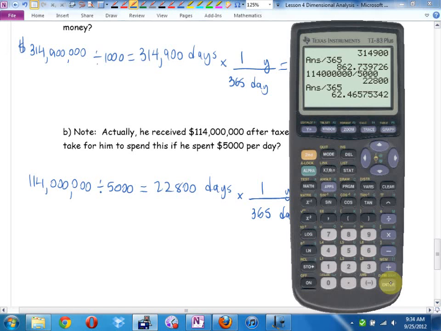And I think the answer here is probably just barely be able to spend it in his lifetime. Although, am I wrong? Do I have an extra 0? I got 91490 days. You divided by 5,000?